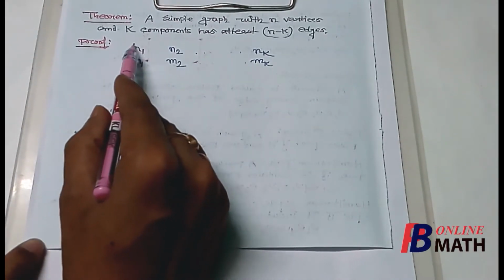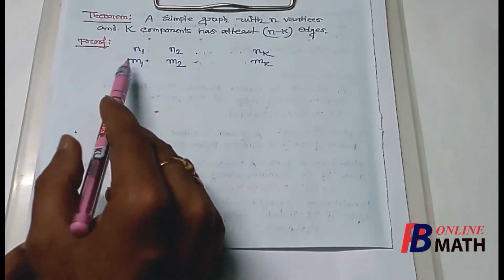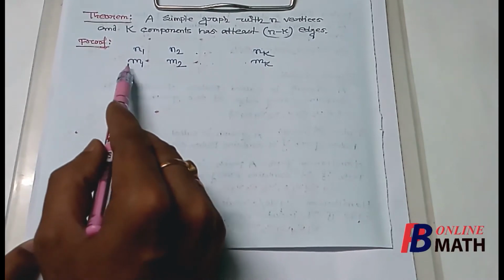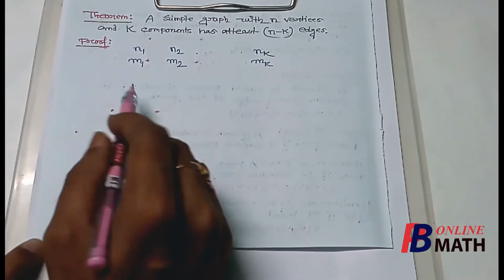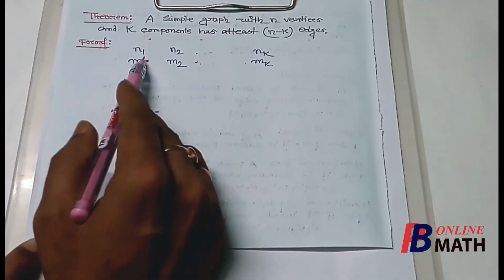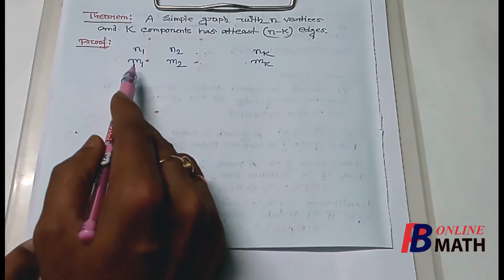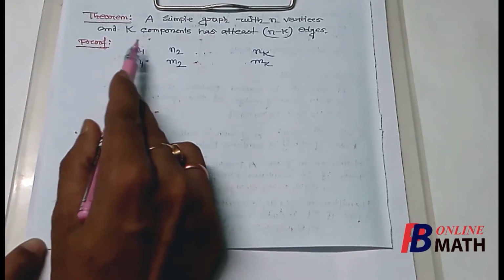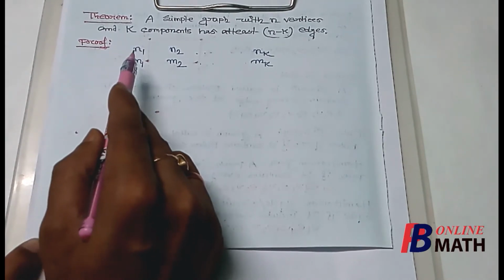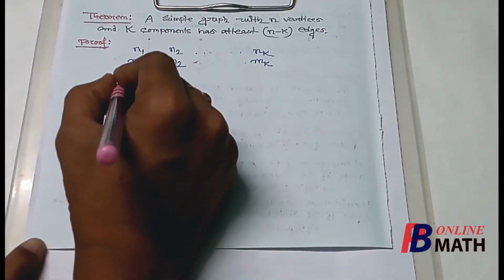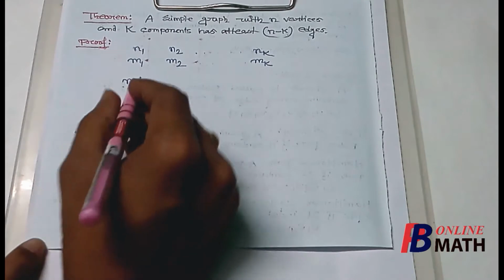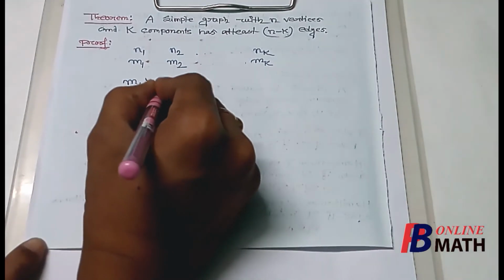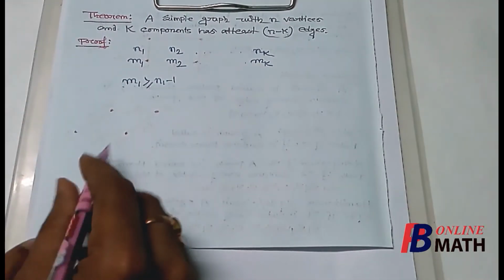Since the first component itself is connected, it has n1 number of vertices and m1 number of edges, then by the previous theorem we can conclude that the minimum number of edges for this subgraph or this component is n1 minus 1. So the number of edges for this component must be greater or equal to n1 minus 1.